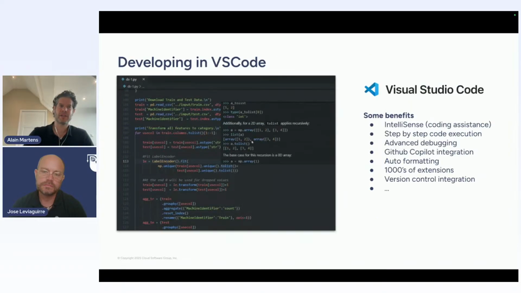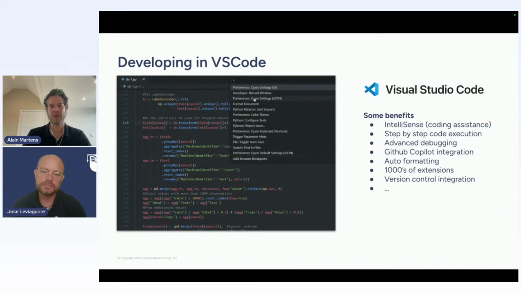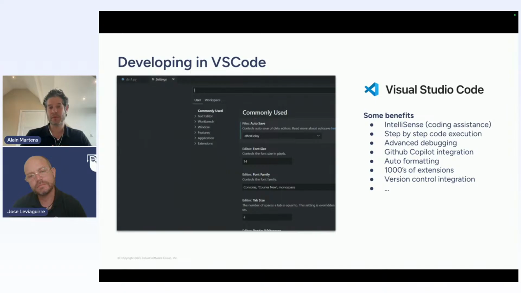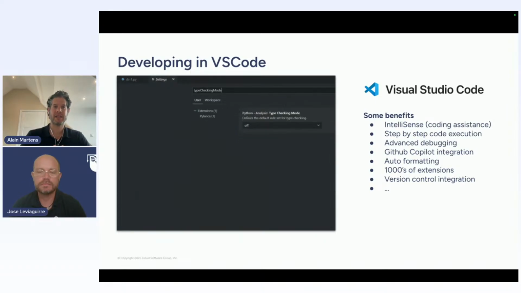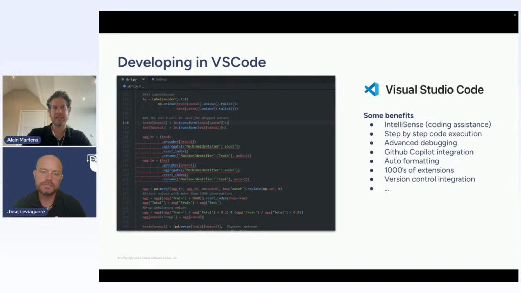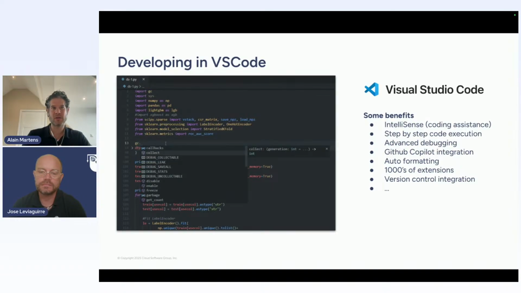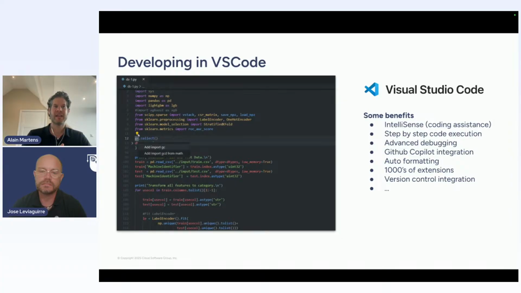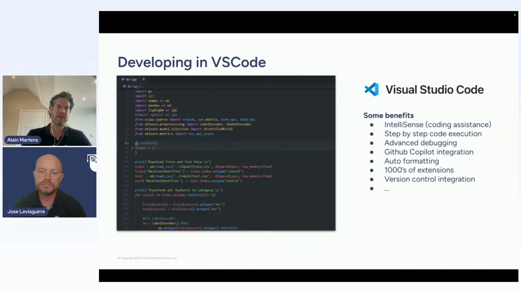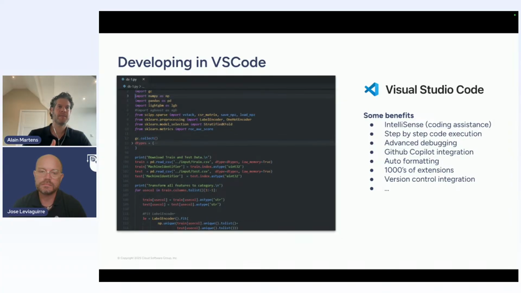On the other hand, Visual Studio Code is an open source, world-class IDE, and it offers a lot of useful developer features like IntelliSense, linting, step-by-step debugging, auto formatting, version control, and of course, coding assistance through GitHub Copilot, and a lot of other useful features for developers.